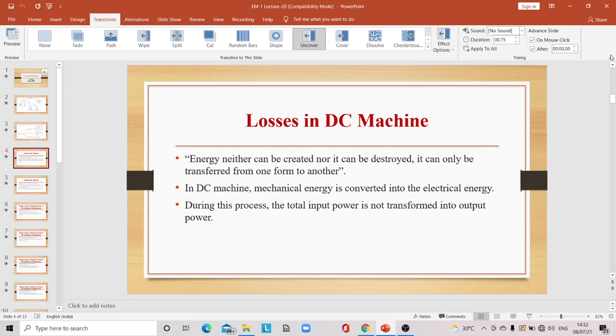So now let us suppose we are taking the case of a DC generator. During the process of conversion of mechanical energy into electrical energy, the total input power is not transformed into output power. Some amount of power is getting lost in the middle.